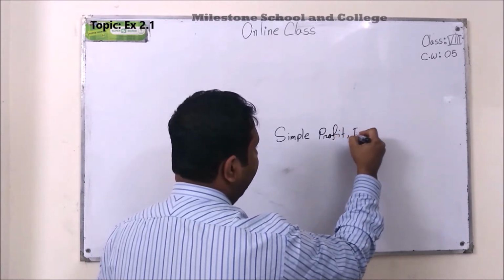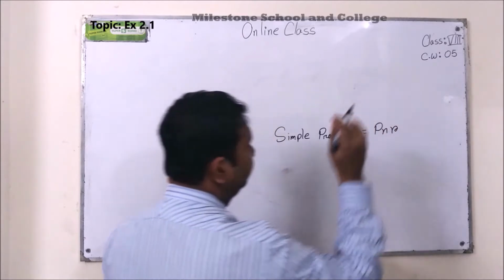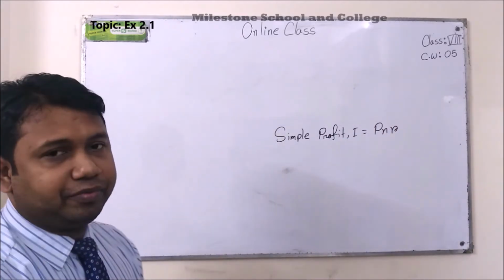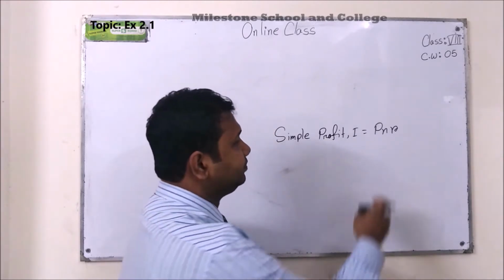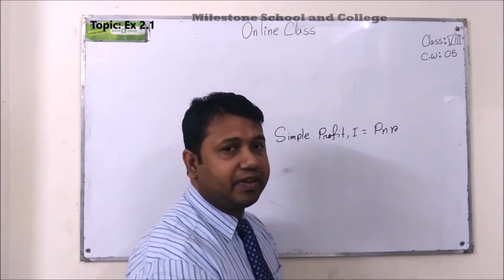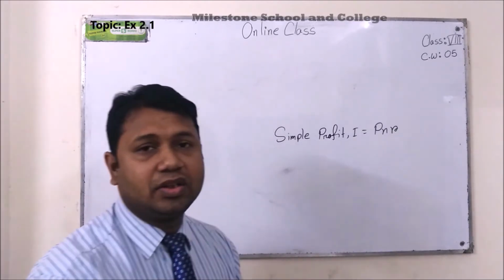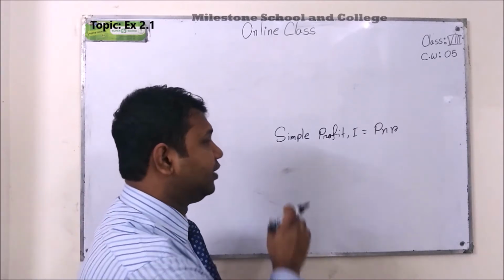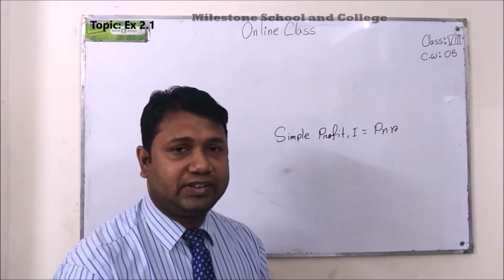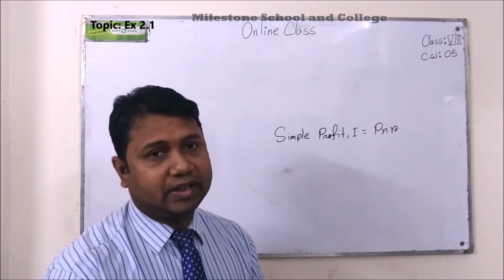We know it is I equals PNR. What is the meaning of P here? P equals principal. N represents time. And R represents the rate of profit. I think you can remember the formula in serial number 4. We used it for solving the maths.